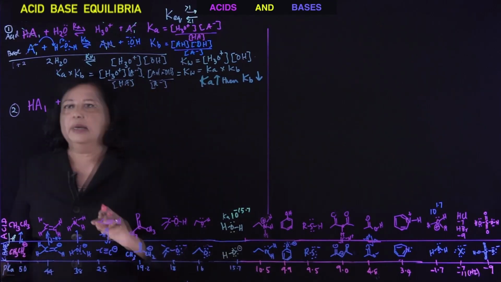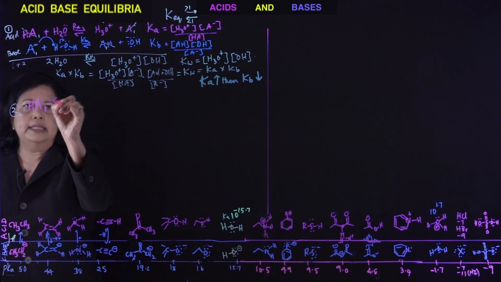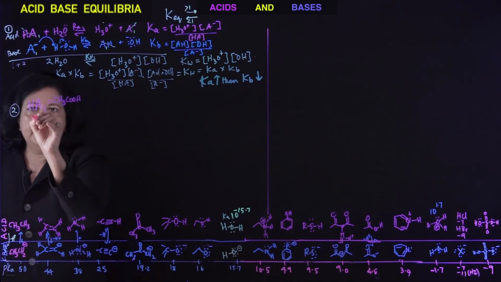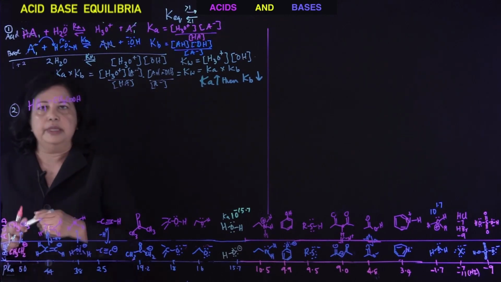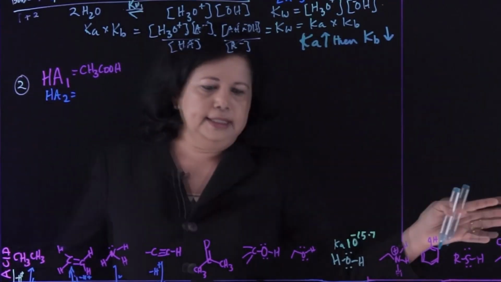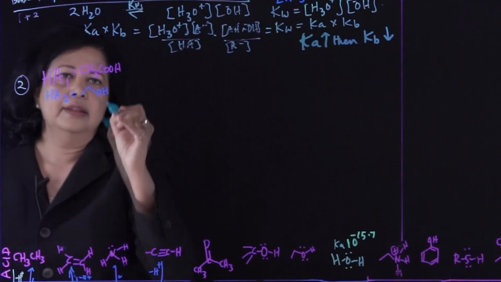So HA1, let's say, is acetic acid, CH3COOH. And let's say HA2, I'm just going to put it in a different color, you can take any acid, but let's take a very common one, ethanol.